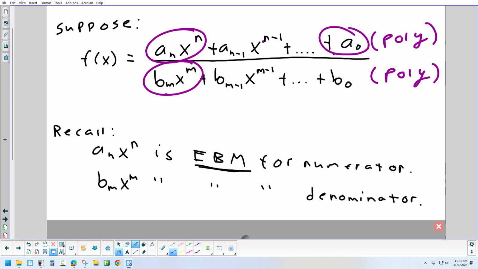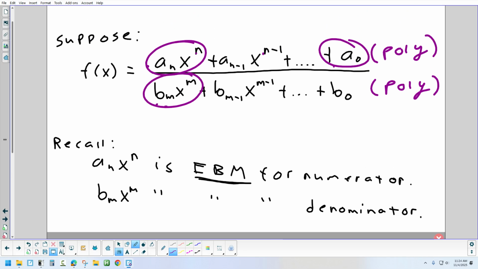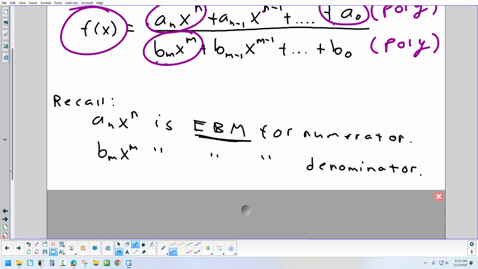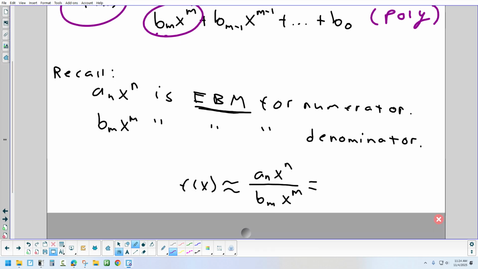So when you have a rational function, you still follow the same rules to find the EBM. Find the EBM of the top, find the EBM of the bottom, but then the answer of the EBM of the whole thing is when you divide the two. So the EBM of our rational function is the EBM of the top divided by the EBM of the bottom. And when you divide, okay, these two things are just going to be numbers.